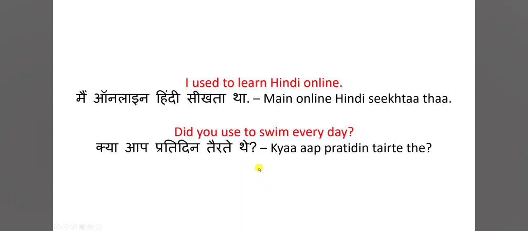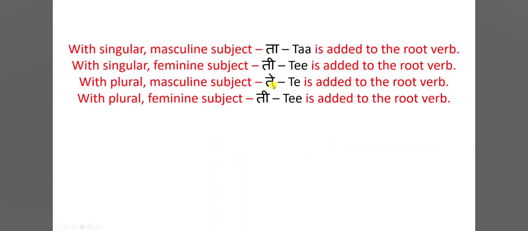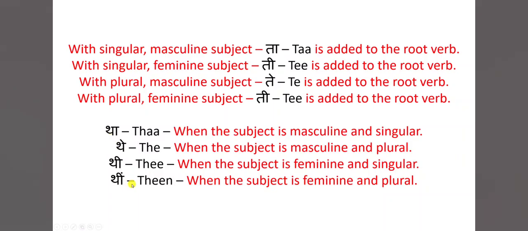Alright? So this is how we frame used to sentences. To recap, a combination of any one of these along with any one of these give the meaning of used to. Okay? Yes.